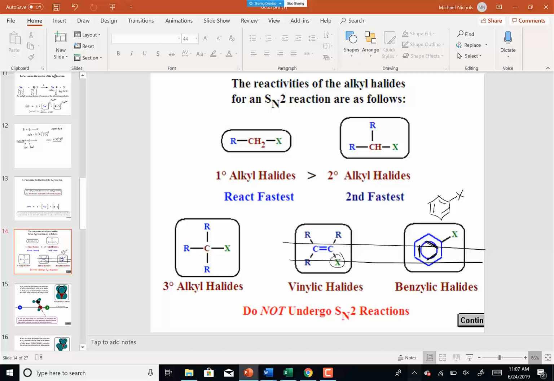So they're only here just to say we're not going to worry about those because they don't react in either mechanism. I'm only concerned about primary, secondary, and tertiary. So one of the things I see on this slide, because it's letting the cat out of the bag, is that primary alkyl halides react the fastest, secondaries react second fastest, and tertiary alkyl halides undergo no SN2 reaction. So why is that?